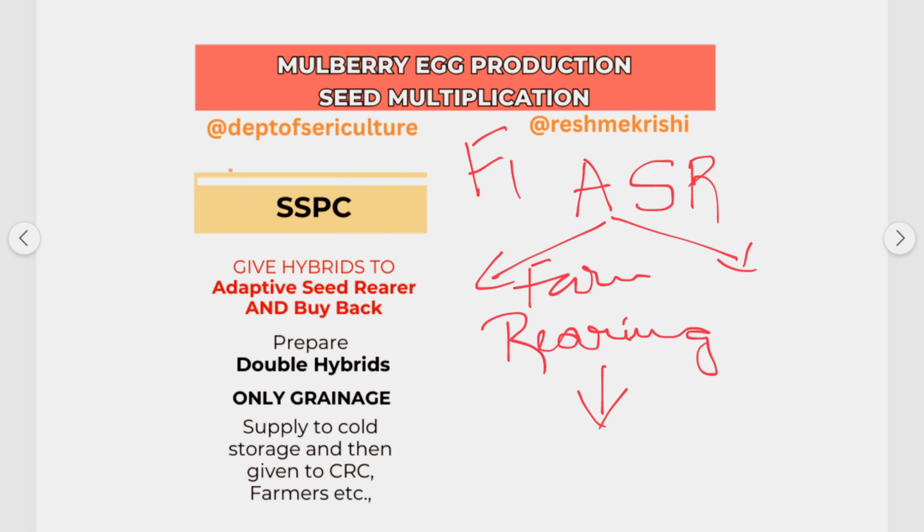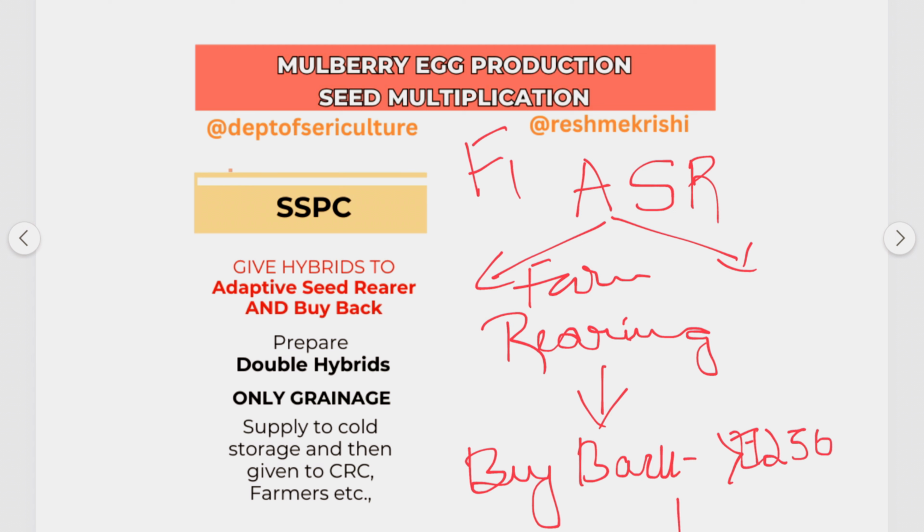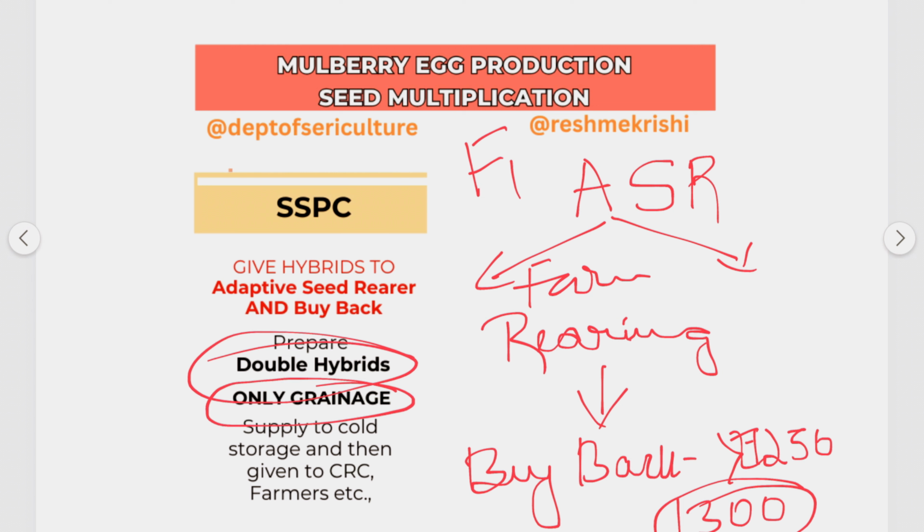Then they buy it back. At present the cost is greater than 1250 rupees, approximately 1300 rupees is set for the seed. Then they only do grainage and prepare the double hybrids and supply them to the CRC or the farmers.